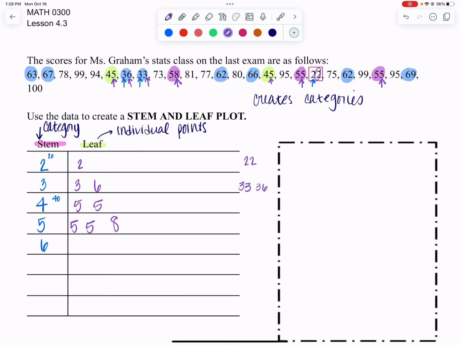It looks like my first one is going to be these two 62s. So I need a 2 and a 2. Here's a 3, so it'll go next. I don't have a 64 or a 65. I do have a 66 and a 67 and a 69.